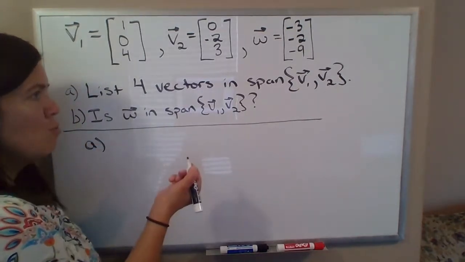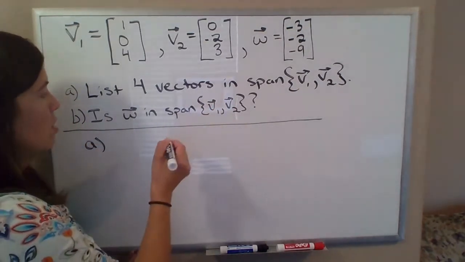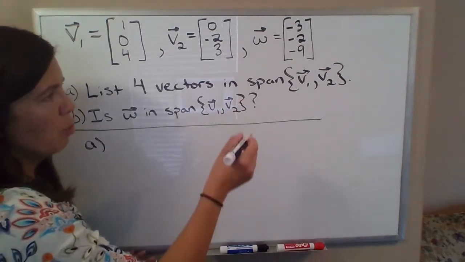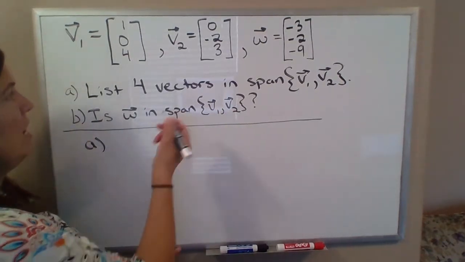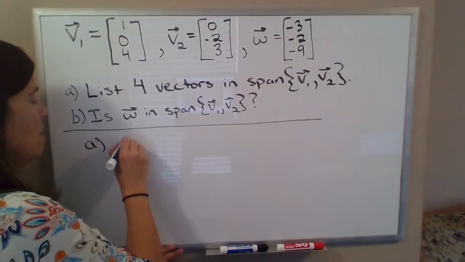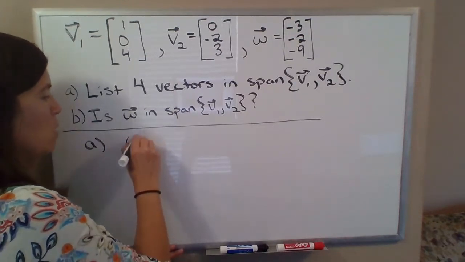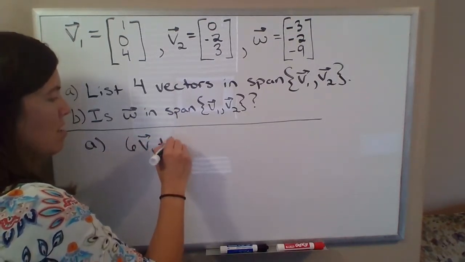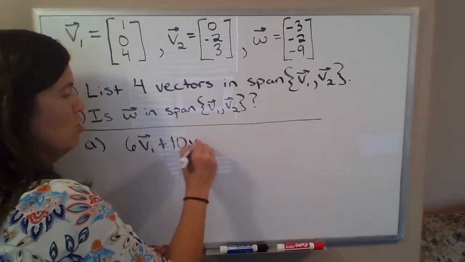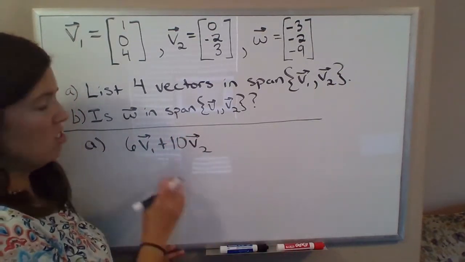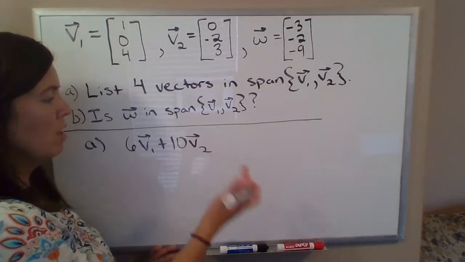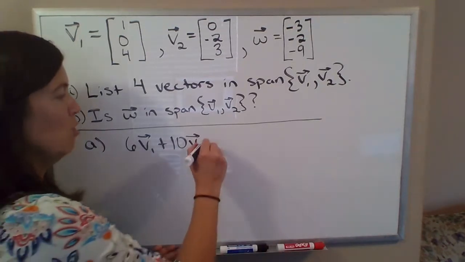That's because we can do any number, let's say 6 times vector 1 plus 10 times vector 2. So this is a linear combination, just any number times vector 1 plus any number times vector 2.